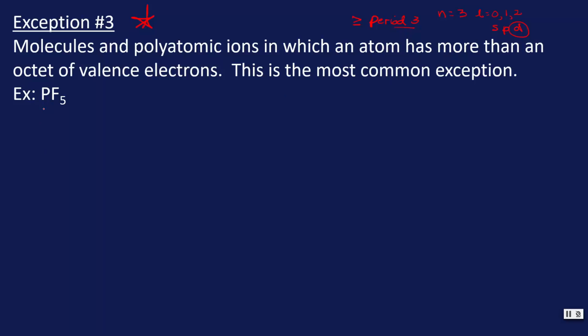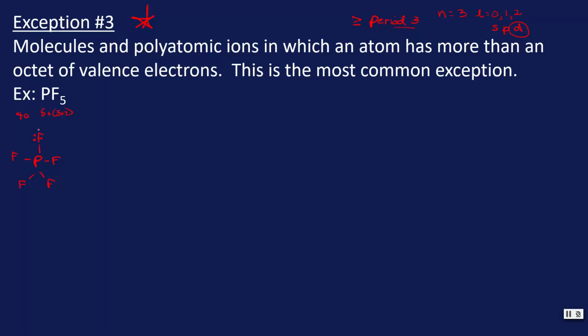PF5. Okay, so 5 plus 5 times 7, so we have 40 valence electrons. P. Okay, I'm going to single bond 5 fluorines to it. I'm not an expert illustrator, so those aren't equally spaced, but we'll go with that.